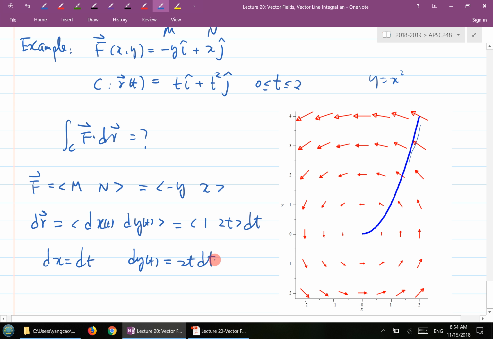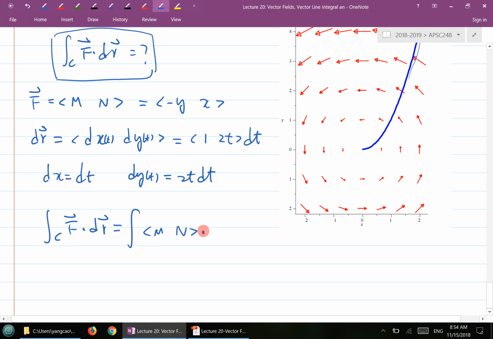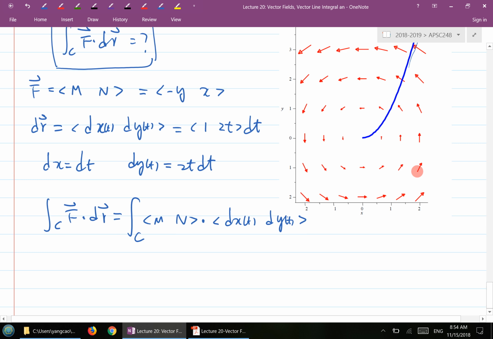Okay. So now I'll start from here. Integral over C of F dot dr. I'm going to put this M, N over here, dot dr, so dx of t, dy of t here. I put it on C. Right. That's the formula.